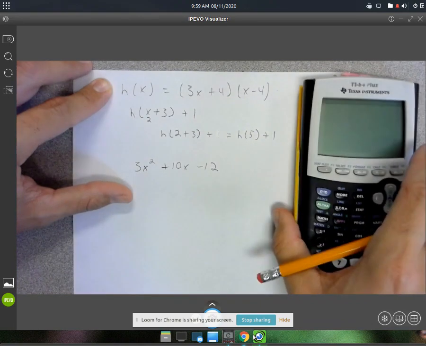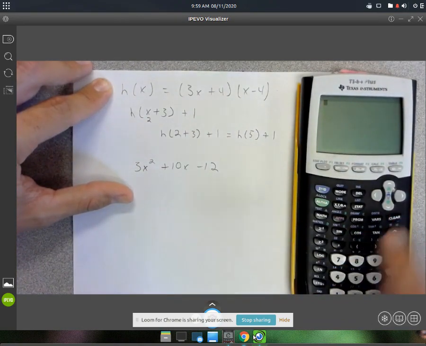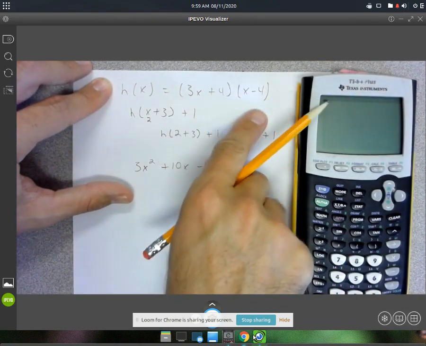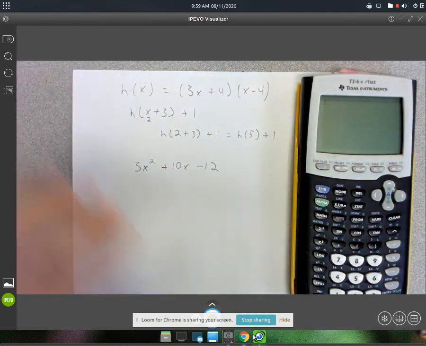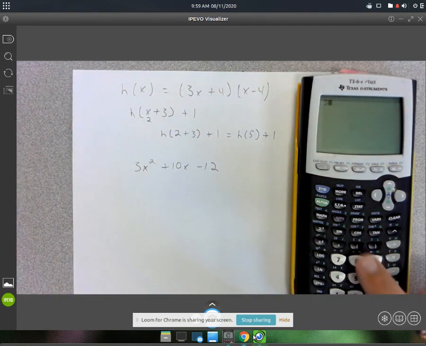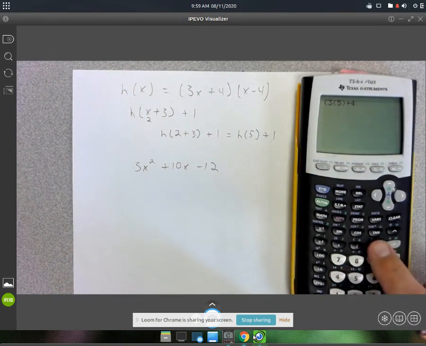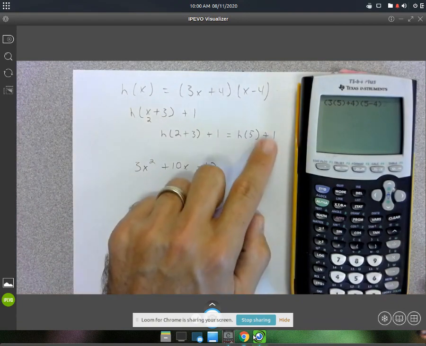So I'm going to go up here and plug in 5 for x and see what that gives me. So we've got parentheses 3 times 5 plus 4, and then we have an x minus 4, so that would be 5 minus 4, and then we have this plus 1.